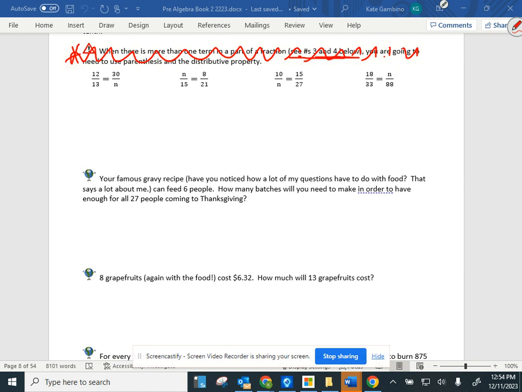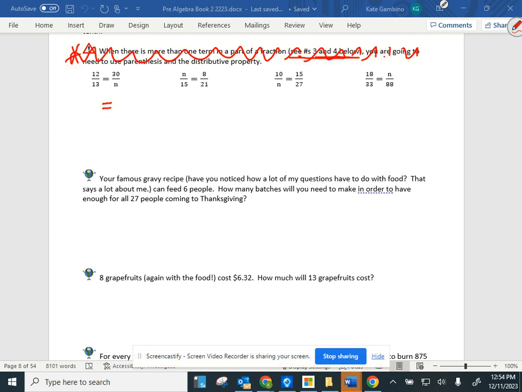So let's look at our problem and see how we're going to use cross products. If we have 12 thirteenths equals 30 over n, how do you think we're going to multiply? Knowing what we know about cross products, what are we going to multiply together?